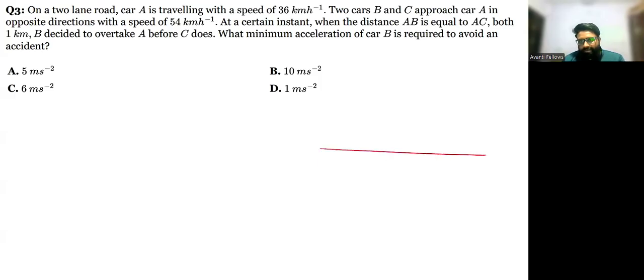So let's say we have a lane here. These are the two lanes. This is the kind of road we are having. So here we have this vehicle, let's say this is A, and on the opposite side another vehicle is approaching.